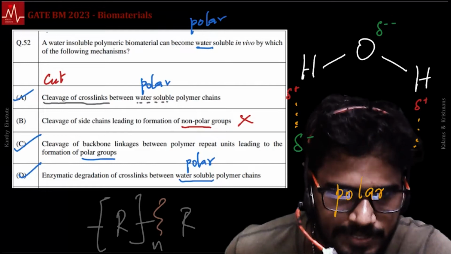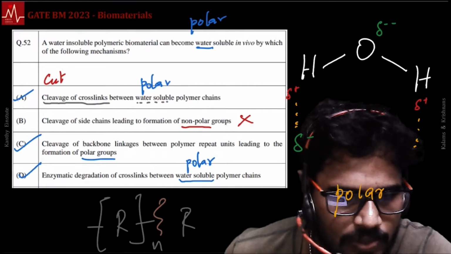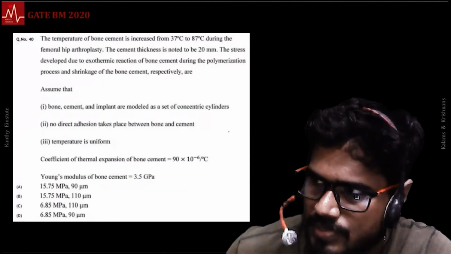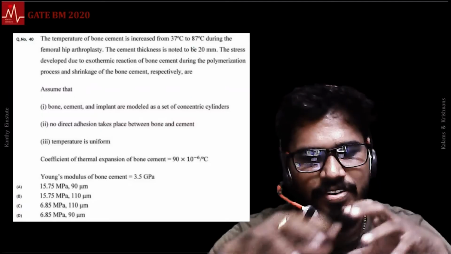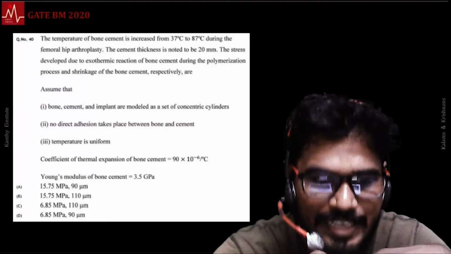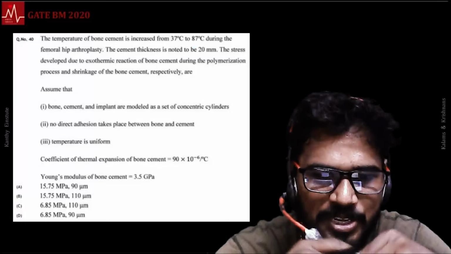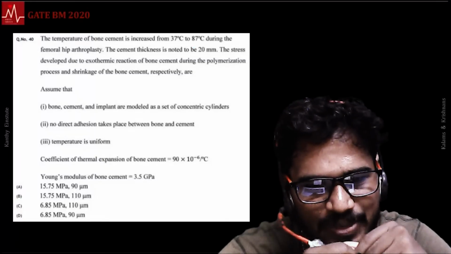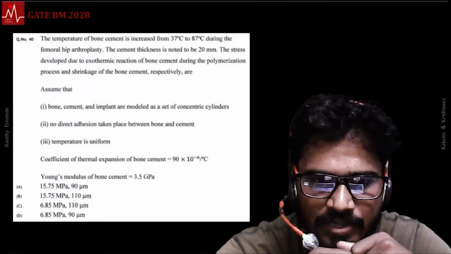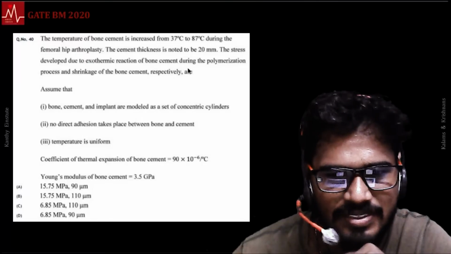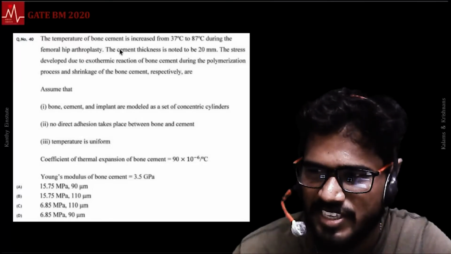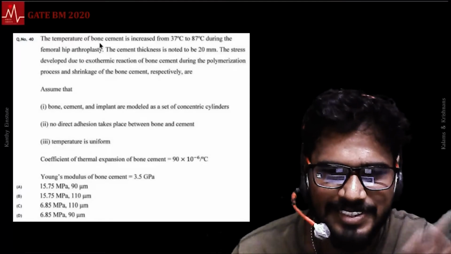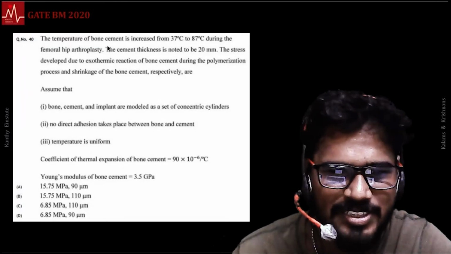Yes, for example, this one. Let me also point out, they also ask numericals. Towards the end of this, we'll discuss thermal expansion. If a material can expand due to temperature, it can also expand due to pressure, or water pore pressure, hydrostatic pressure. So you change the context here, change a couple of temperature with water, bone cement with polymer and things like that.